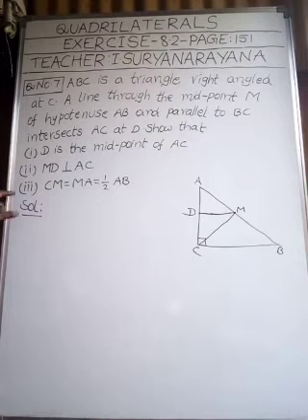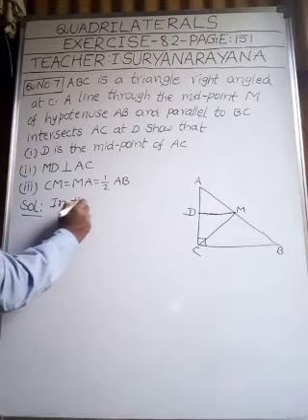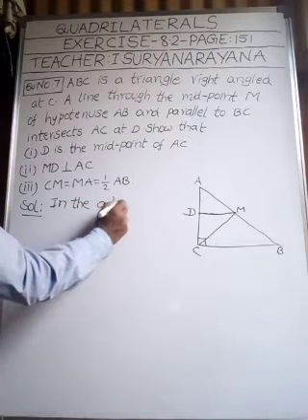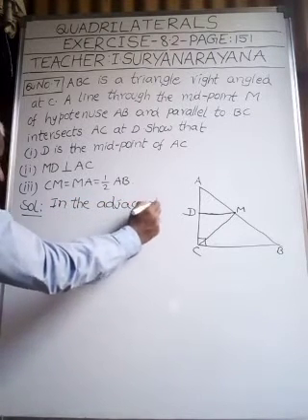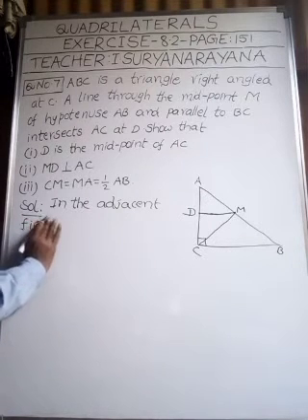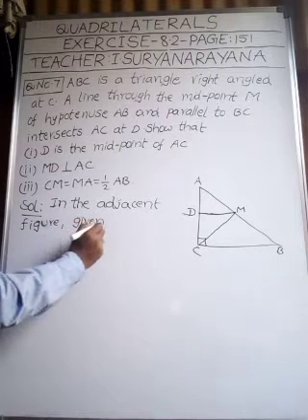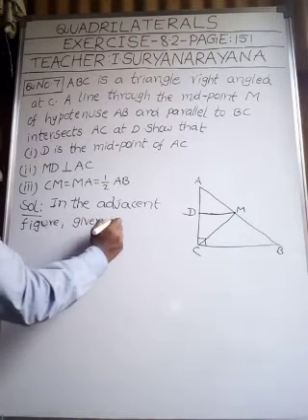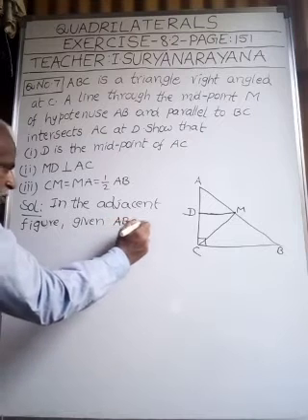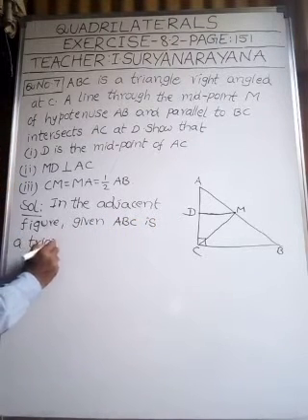Now come to the solution part. Let us write the given data first. In the adjacent figure, given ABC is a triangle.